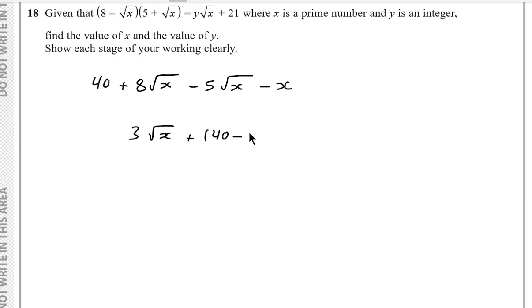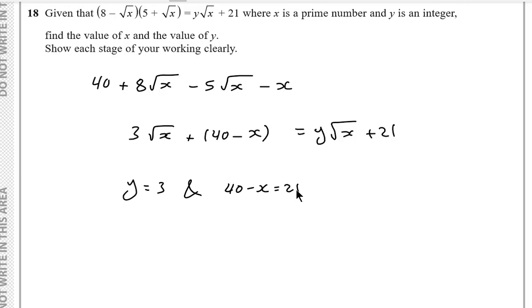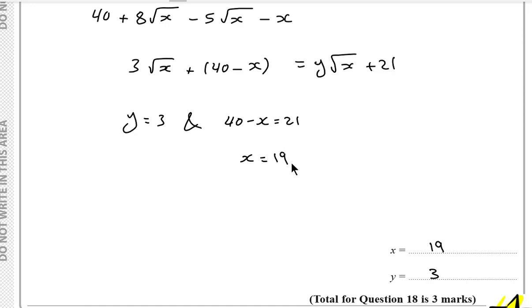If we compare this with y root x plus 21, it's very clear that y is 3, and 40 minus x is 21, which means that x equals 40 minus 21, which is 19. So x equals 19 and y equals 3.